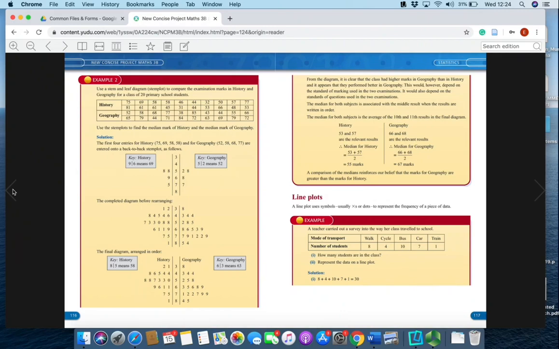So for example, over this side, let's say your mock results in maths, and let's say your leaving cert results on the right. So you're comparing. Okay, so we would have 40s, 50s, 60s and 70s.